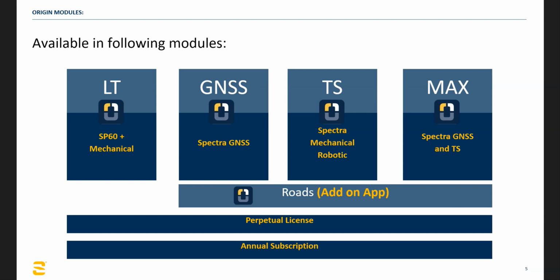So you can start selling Origin with the Origin LT configuration only, but if a customer would like to have some more features or evolve, they can evolve to Origin Max. On top of the GNSS module, total station or Max, we have one add-on app for roads. So all of these versions of Origin will work as perpetual licenses or in annual subscription modes.